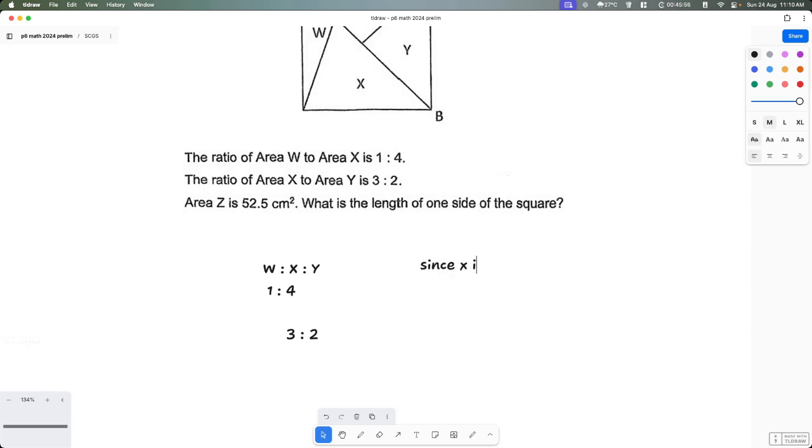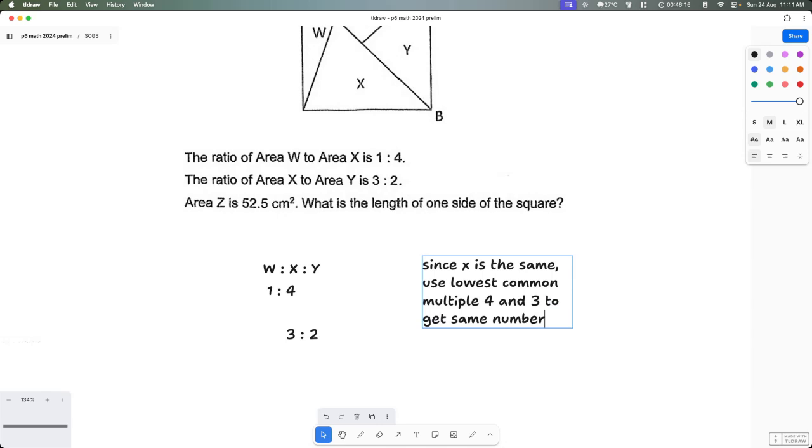Since X is the same, use the lowest common multiple of 4 and 3 to get the same number.